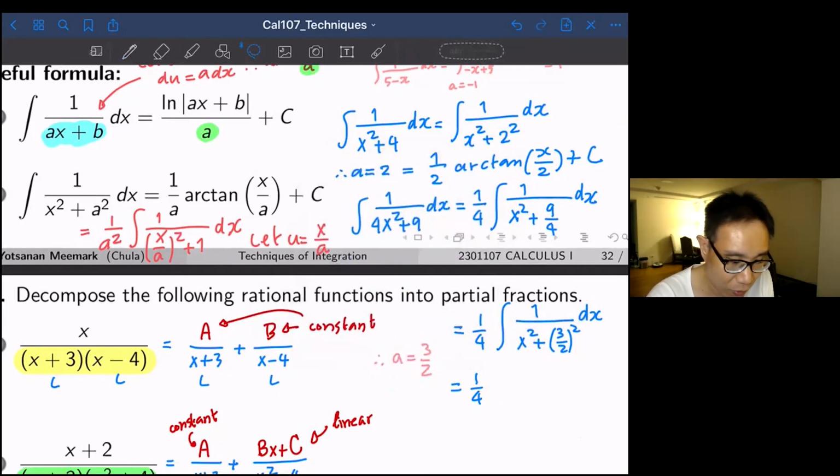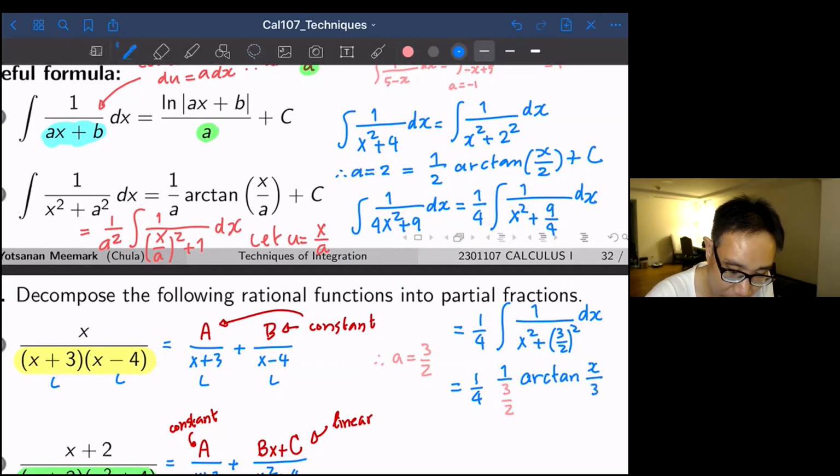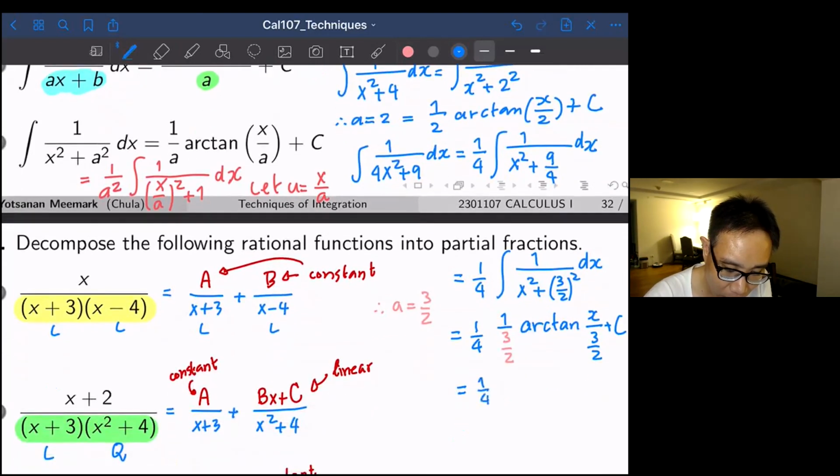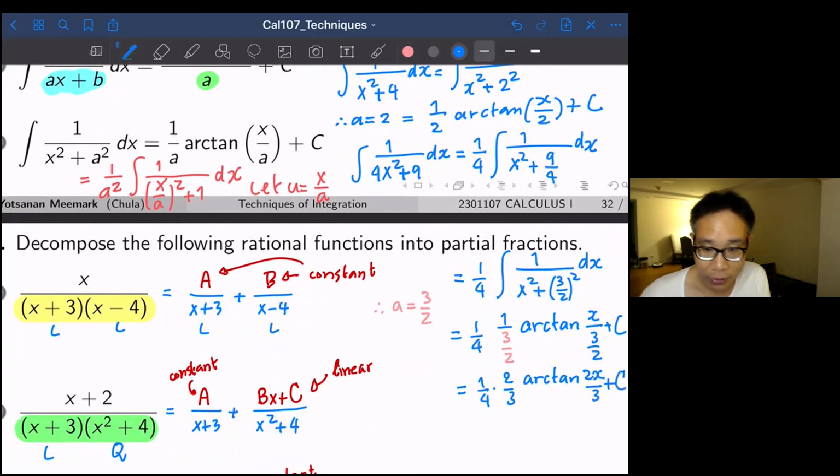So with a equal to 3/2, this will give you 1 over 3/2, and it's going to turn out to be arctan of x over 3/2, plus c. Okay, you would simplify this into 1/4 times 2/3 arctan of 2x over 3, plus c.